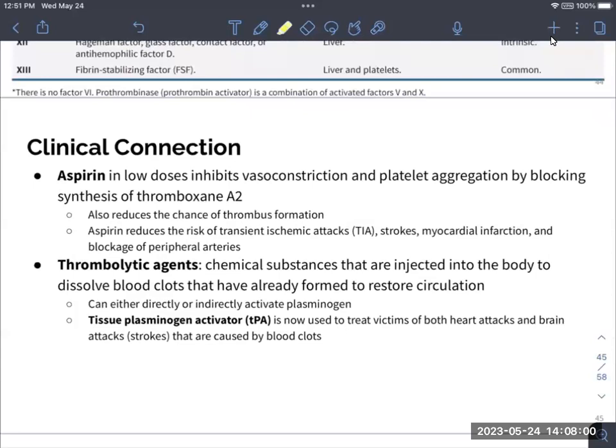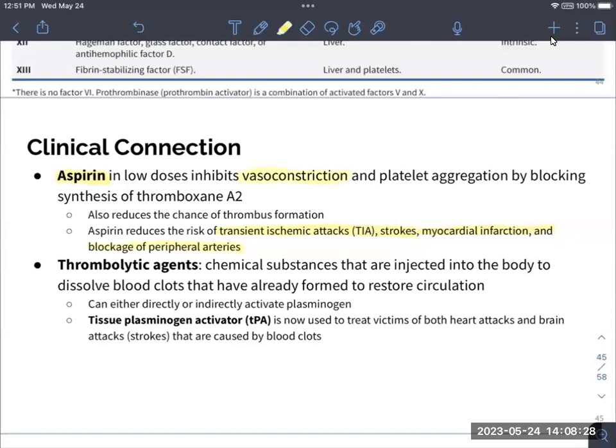Aspirin. People who are older tend to take low doses of aspirin to help prevent strokes because it reduces their risks of those transischemic attacks, strokes, any kind of blood vessel blockage. How it does this is it prevents that vasoconstriction.